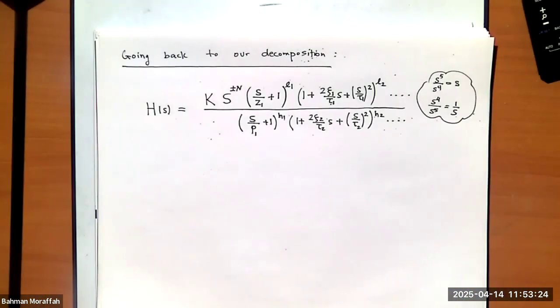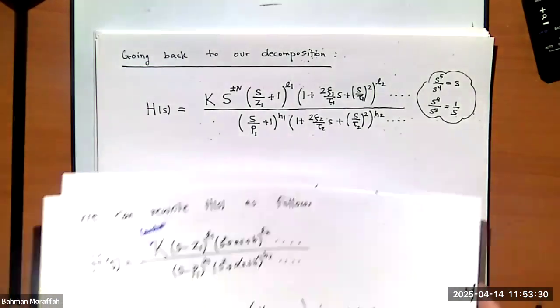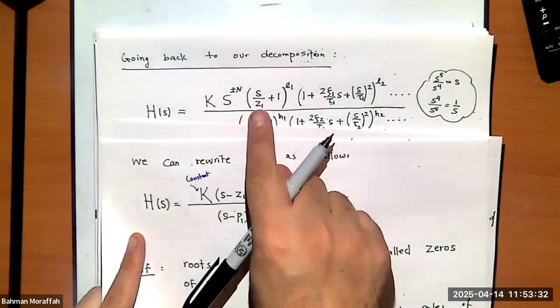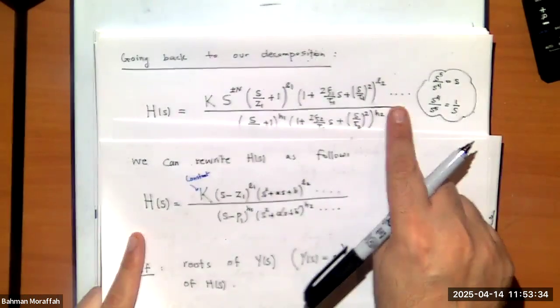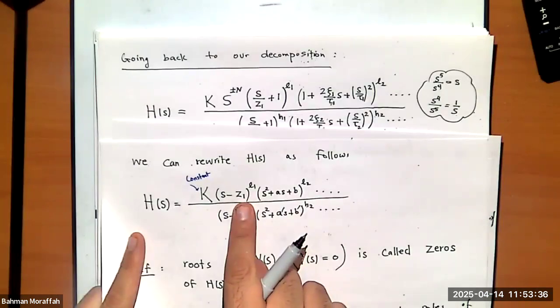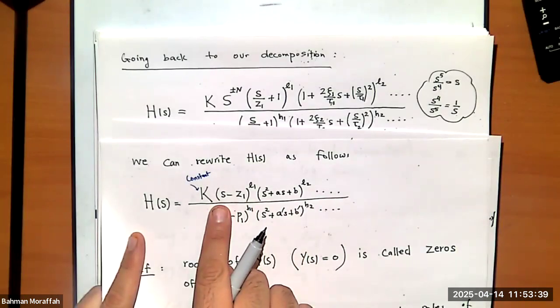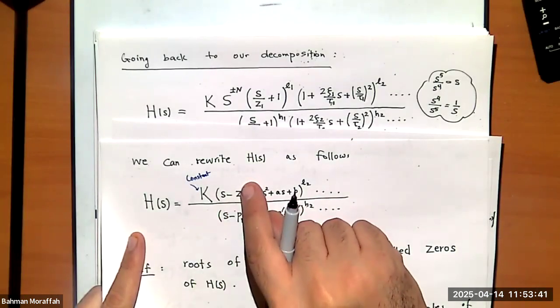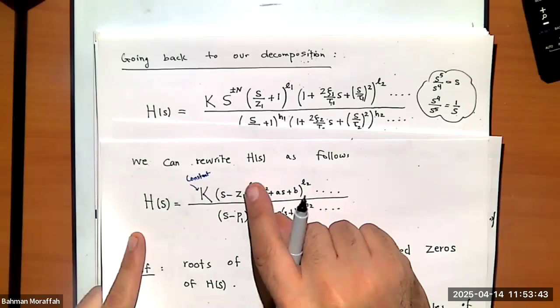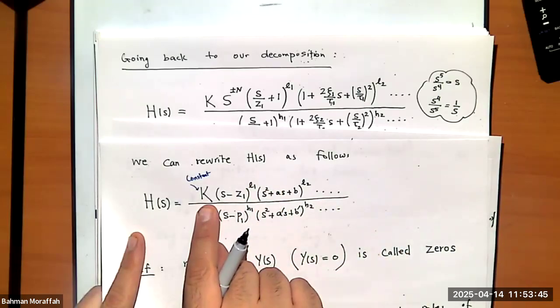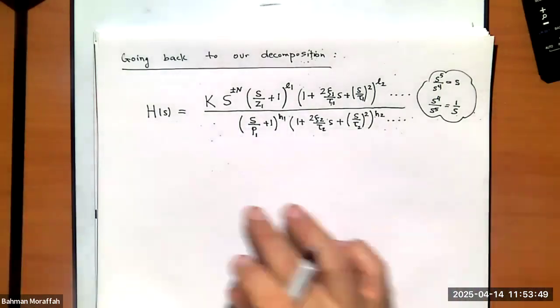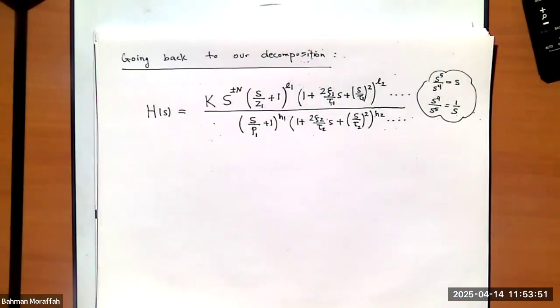So all I did was this. I can basically factor out this z1, bring it down here, and make this coefficient over here 1. And then when I'm multiplying this, it's going to be absorbed into this constant. So I can write it in terms of this.